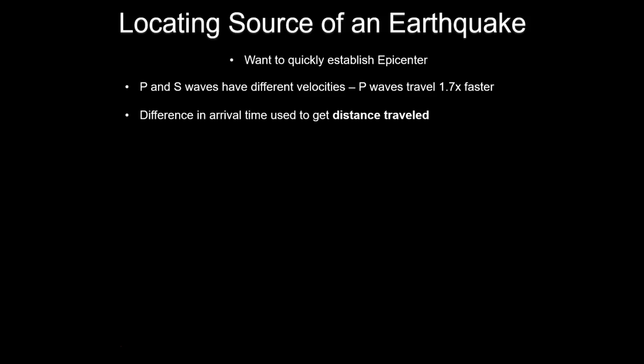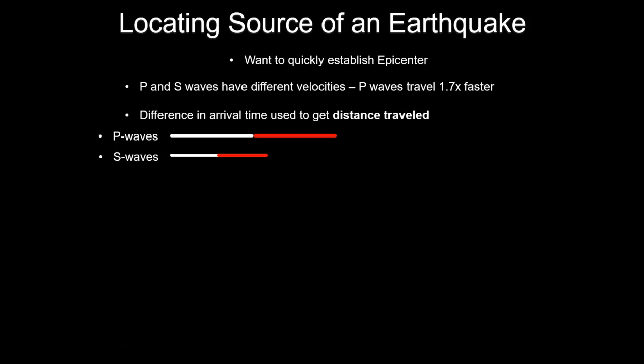But the same thing kind of happens with P waves and S waves. P waves travel 70% faster than S waves. So for every 10 miles that the S waves travel, the P waves are traveling 17. So, as an example, this is 10 miles, this is 17.